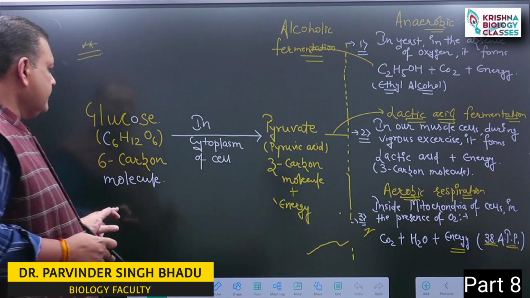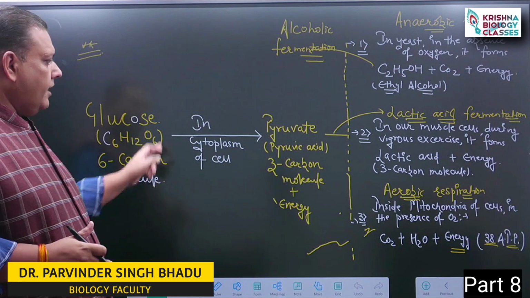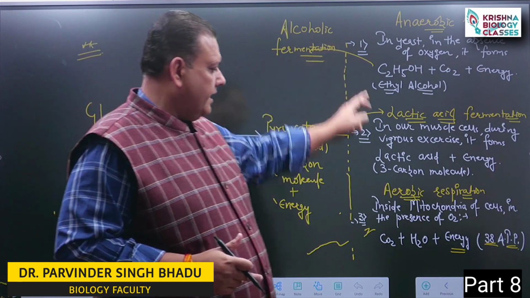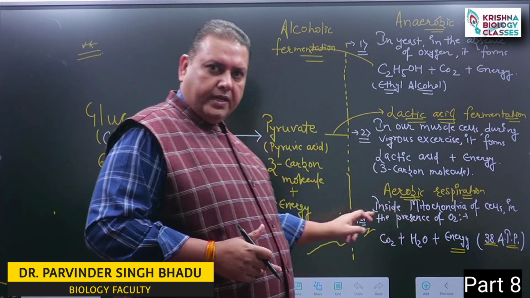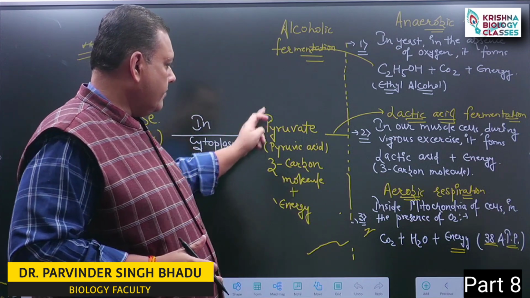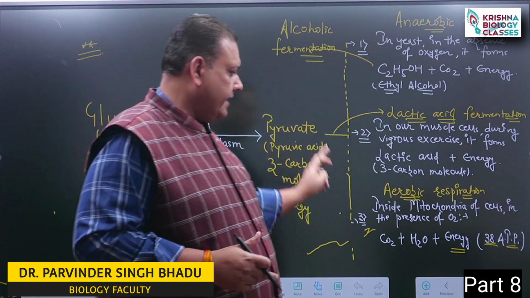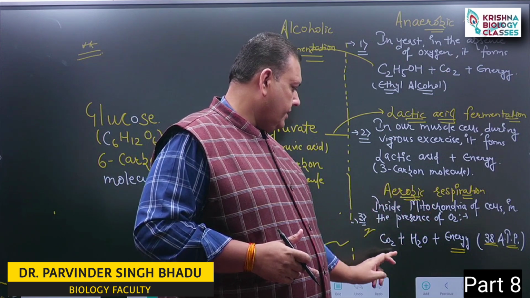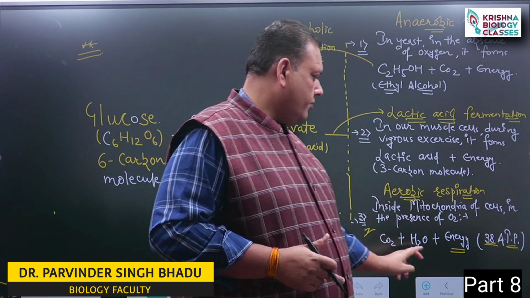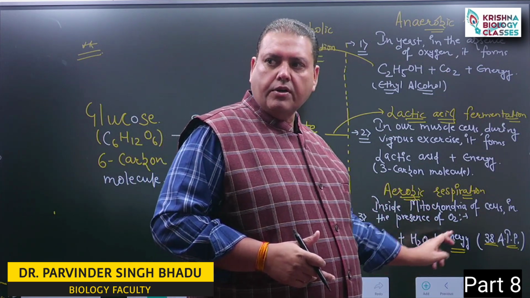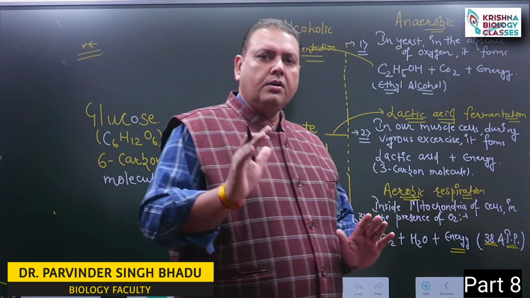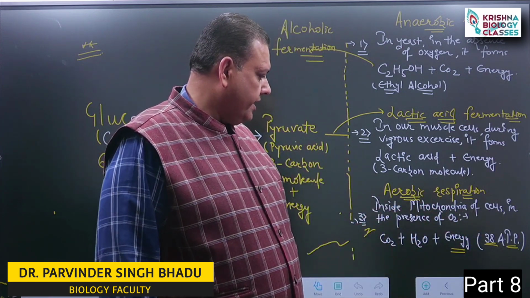The oxidation of glucose starts to take place. First, glucose gets converted into pyruvic acid, and then it enters the mitochondria and gets converted into carbon dioxide, water and energy. That is how cellular respiration takes place.